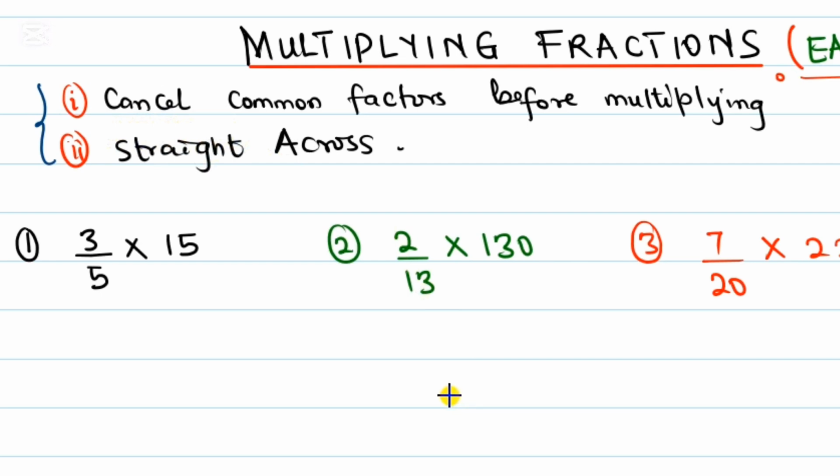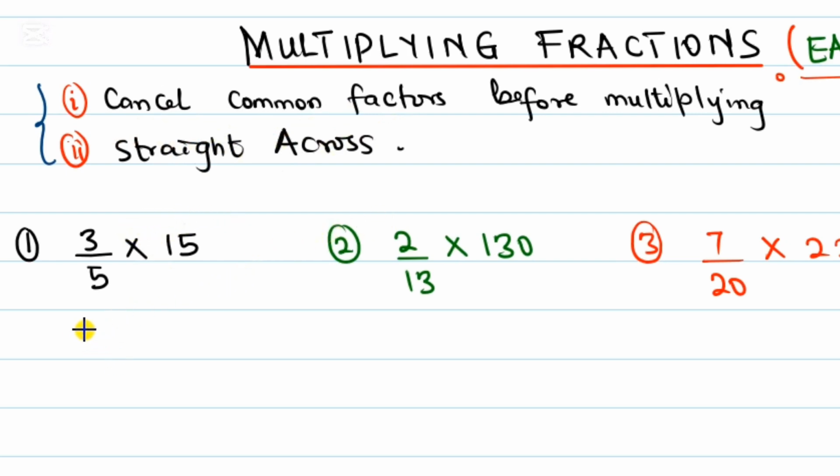If you are given a multiplication of a fraction and a whole number, or a fraction and another fraction, this time it shouldn't be a mixed number but just a normal fraction. First you check for common factors and cancel them out, and then you take a straight across multiplication.